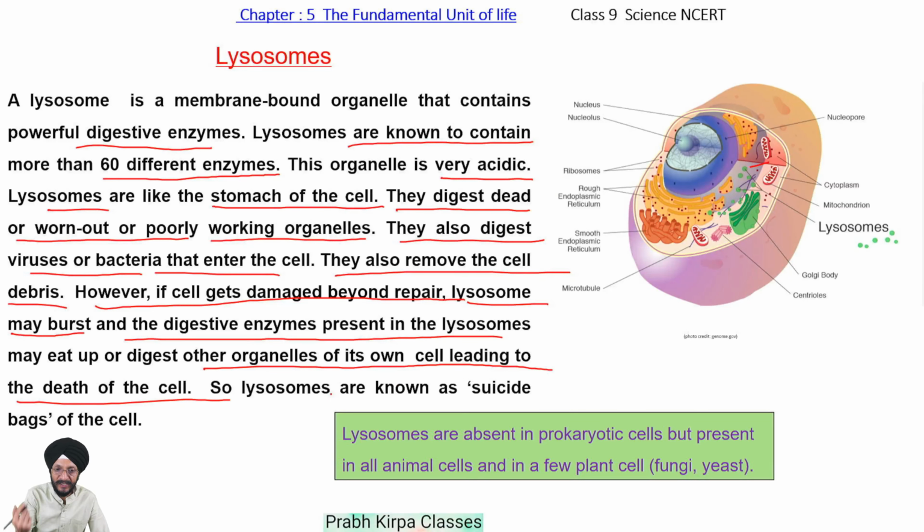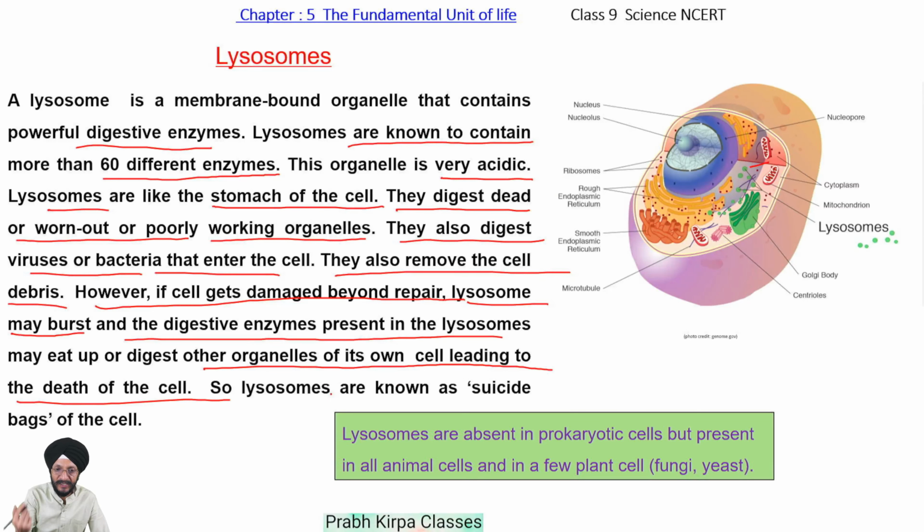Mitochondria are small organelles inside the cells. You can see here in this picture, these are mitochondria. They are involved in releasing energy from food. Mitochondria stores and releases energy in the form of ATP. ATP is known as the energy currency of the cell.